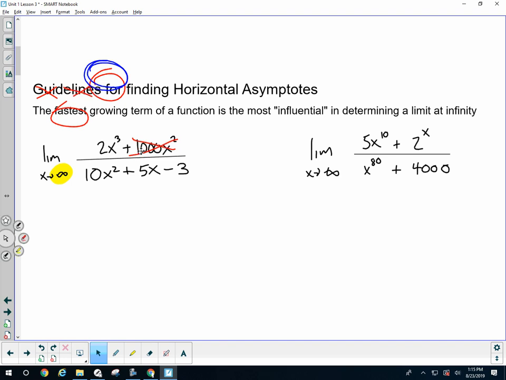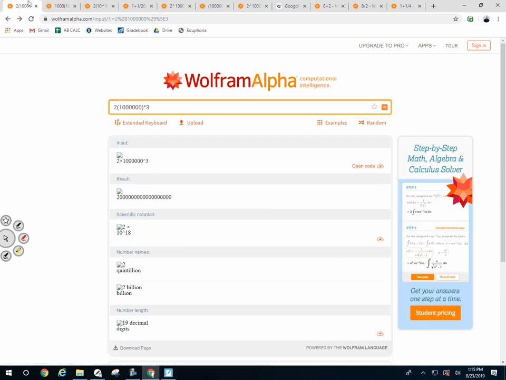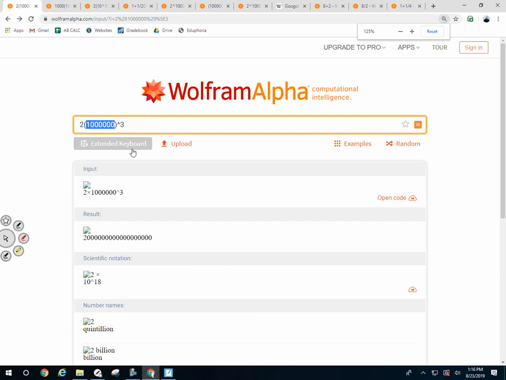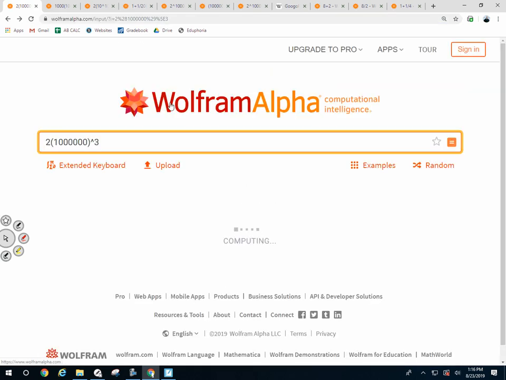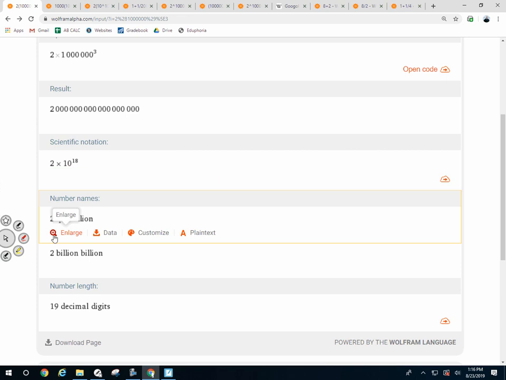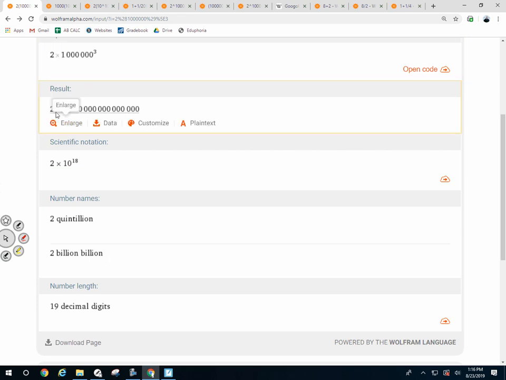Let's plug in a big number for x. A million. To you guys, a million is a big number. I'm going to plug in a million. If I plug in a million and cube it, I get 2 billion billion, or 2 followed by 18 zeros.